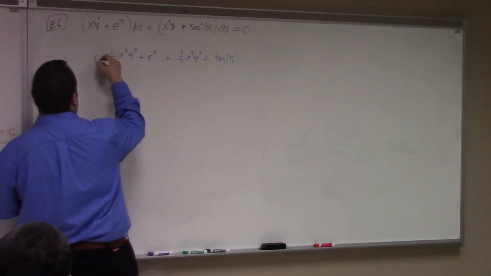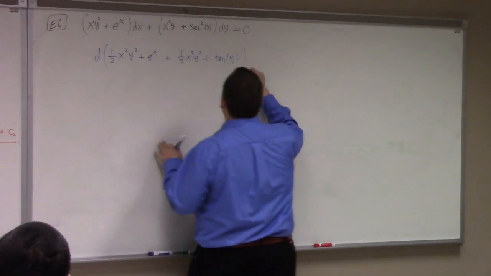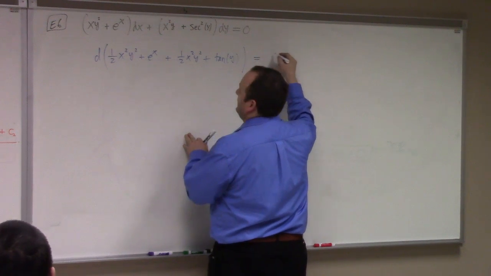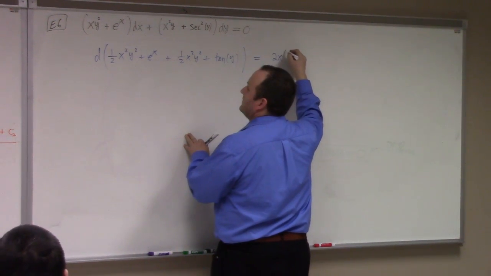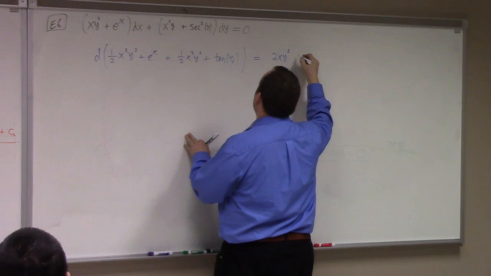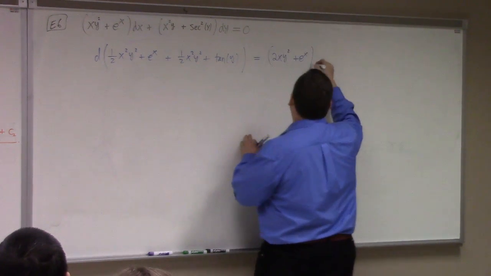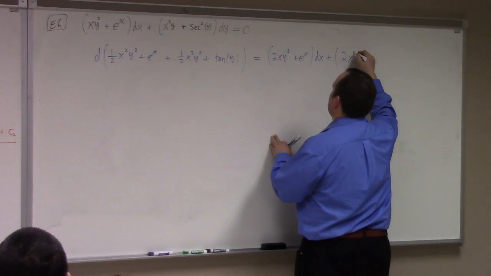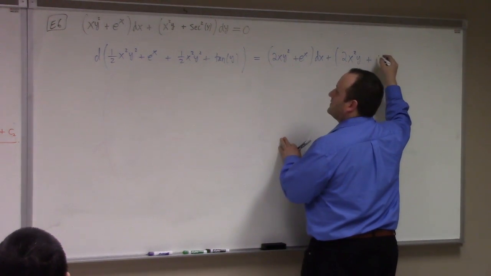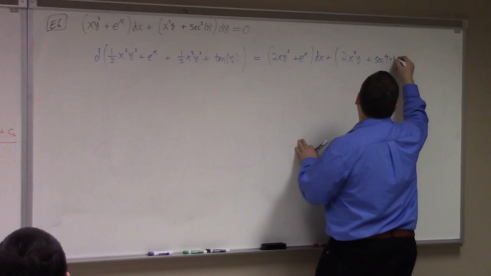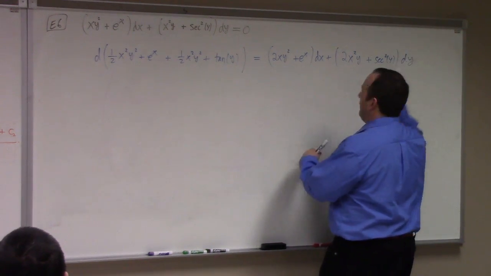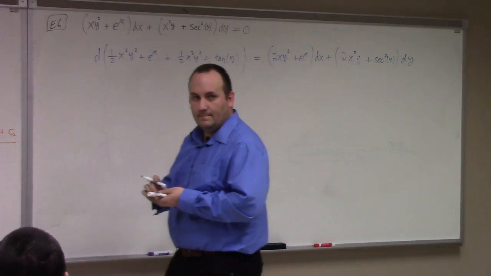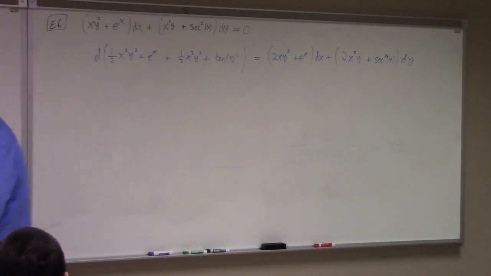If we take the differential of this, what we're going to get is 2xy squared plus e to the x dx plus 2x squared y plus secant squared y dy. Get rid of the extra x squared y squared.